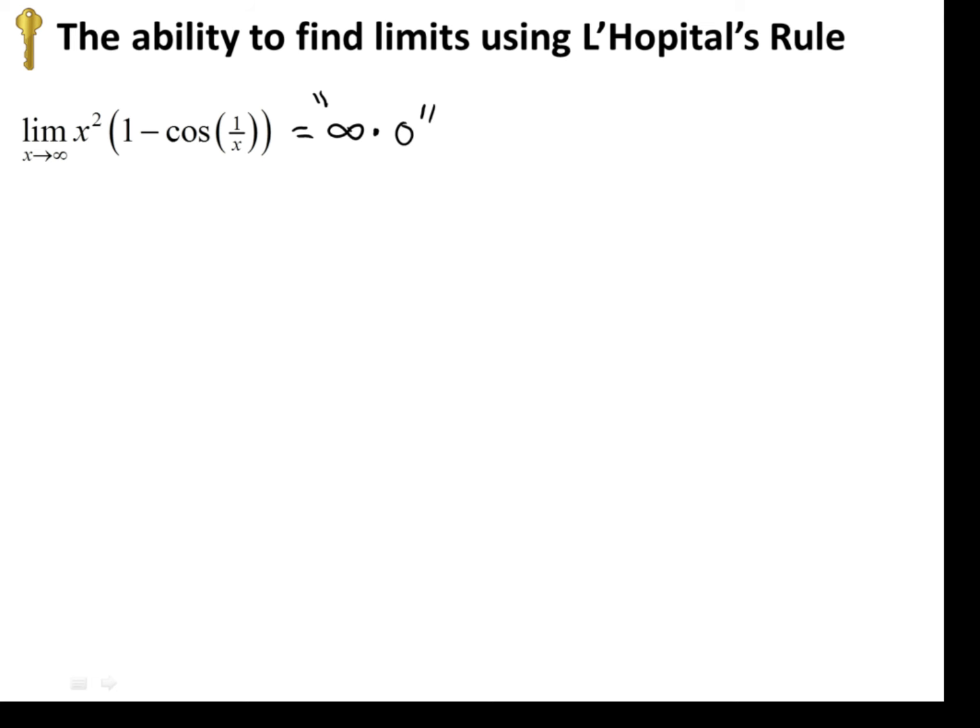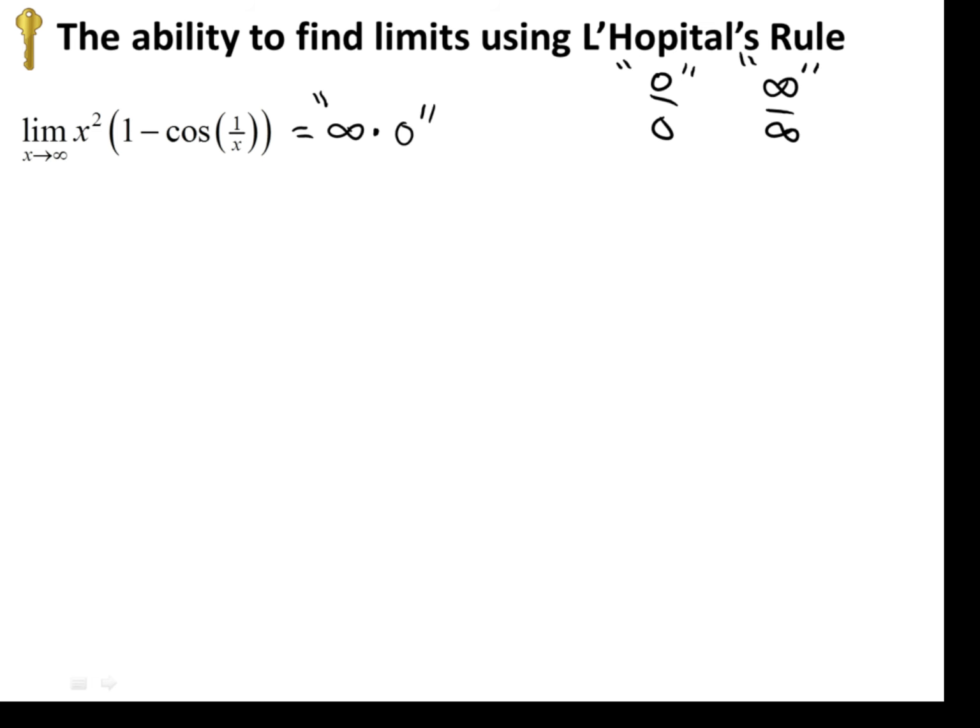And we have to figure out how to do that. In order to do L'Hopital's Rule, there's 2 forms: 0 over 0, air quotes, and infinity over infinity, air quotes. We don't have that. What we have is 0 times infinity. So that is an indeterminate product, but it can quickly be turned into an indeterminate fraction, where we can use L'Hopital's Rule, turning a product into a fraction. Instead of multiplying, you can divide by the reciprocal.